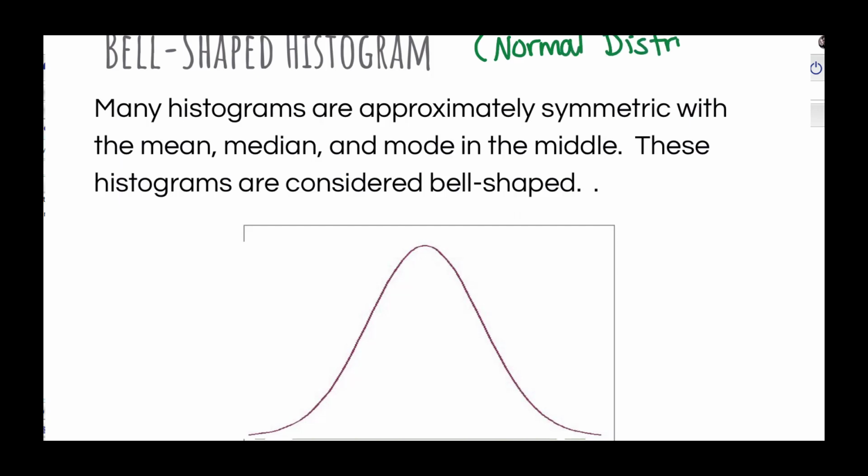I want to go ahead and introduce that vocabulary of normal, the word normal, right now in association to this bell-shaped curve. So anytime you see a bell-shaped curve, another word for it is a normal curve. Instead of curve, you can call it bell-shaped histogram. You can also say normal distribution. They all mean the same thing.